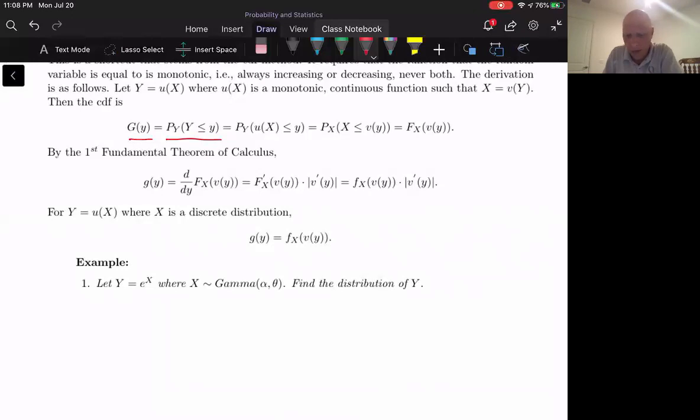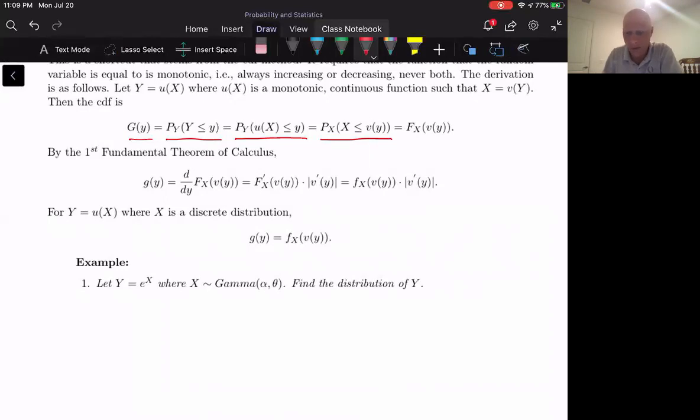Your capital Y is usually some function of x, so I'm using u of x as a general function, which means that x can be written with respect to a function of y. And so I'm using, it's not an inverse function, but u inverse is v. So I changed a letter, v of y, which means that here, the probability that x is less than or equal to v of y, this is a CDF, but this is the CDF of x.